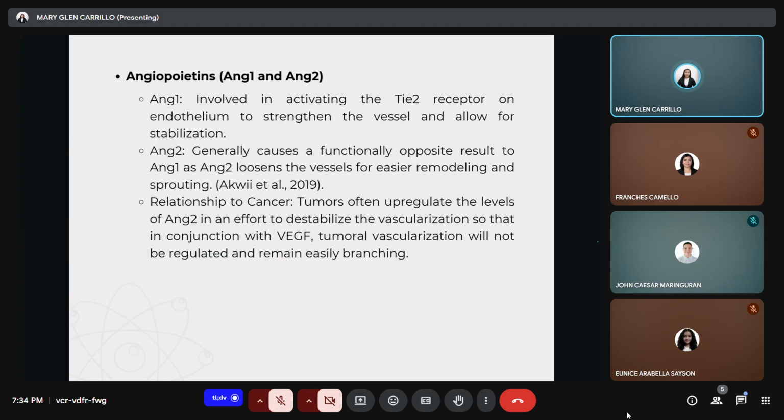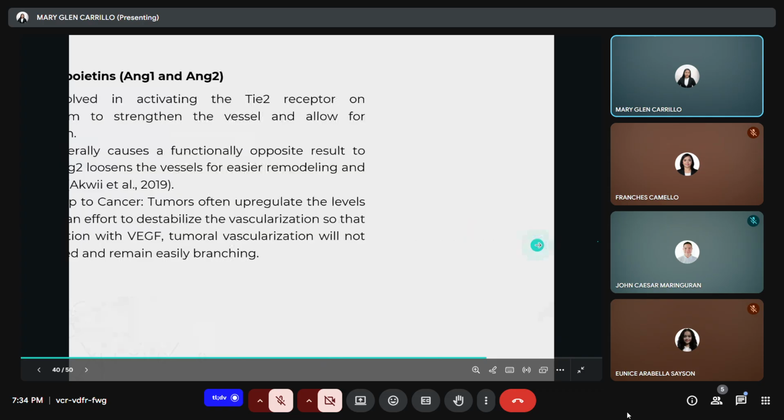So in layman's terms, ANG1 keeps vessels strong and stable, while ANG2 loosens them for growth. Tumors manipulate this balance to help build an irregular but functional network of blood vessels that supports the growth of cancer and its spreading.